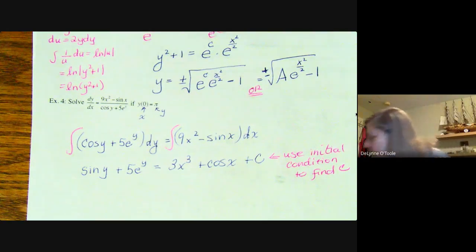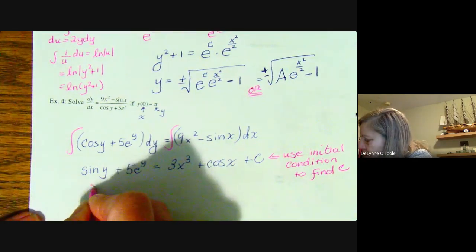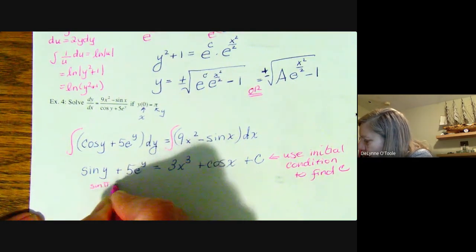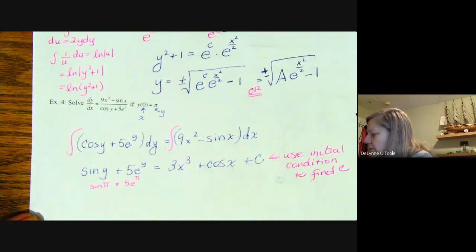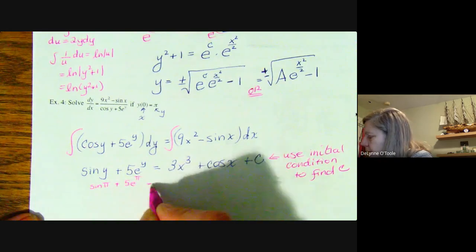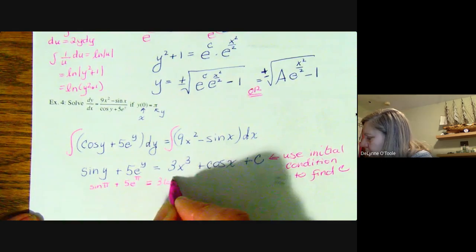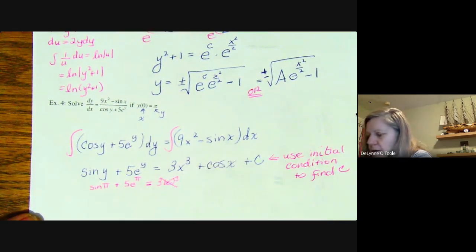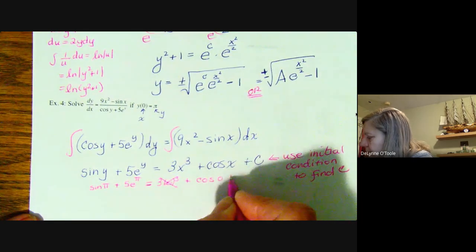So wherever I see a y, I'm going to put pi. So that's going to be the sine of pi plus 5e to the pi. That's substituting pi in for y. Equals, I'm going to substitute 0 in for x, and that just becomes 0. It's gone. Plus the cosine of 0 plus c.